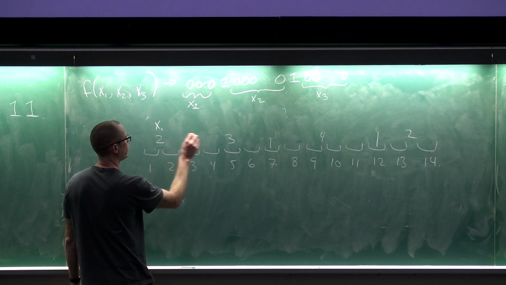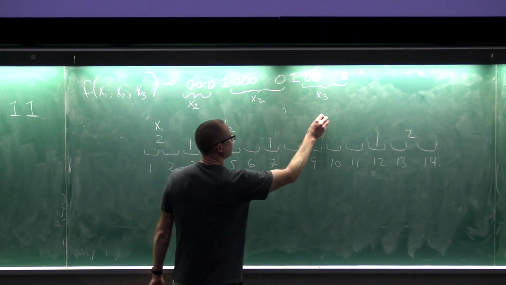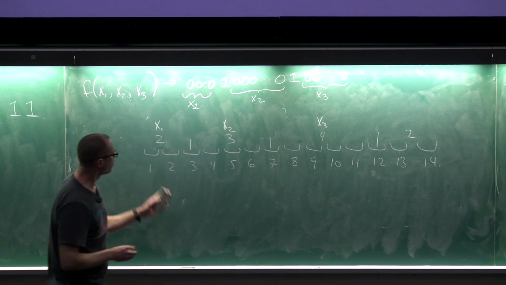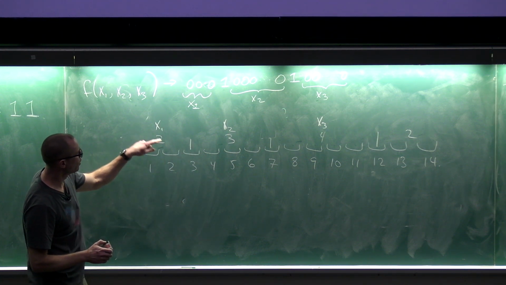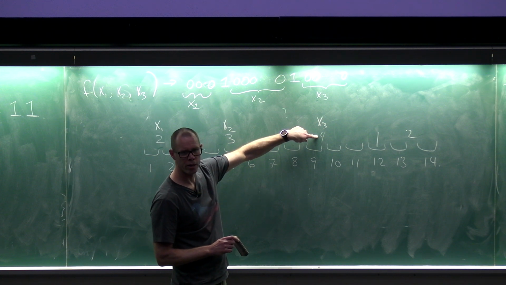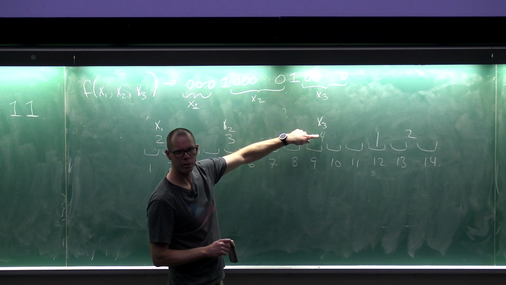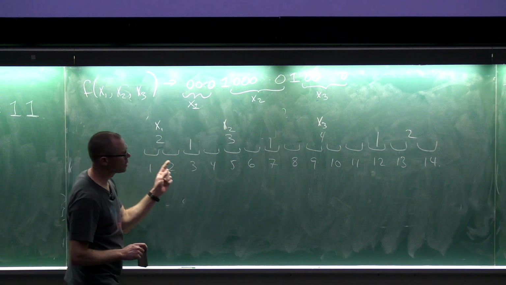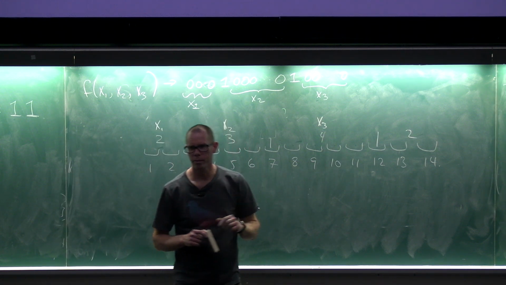So I have x1, x2, x3. For this particular string, I would say x1 equals 2, x2 equals 3, x3 equals 4. Those are 3 integers. They're all bigger than or equal to 0, and they add up to something that is less than or equal to 11.